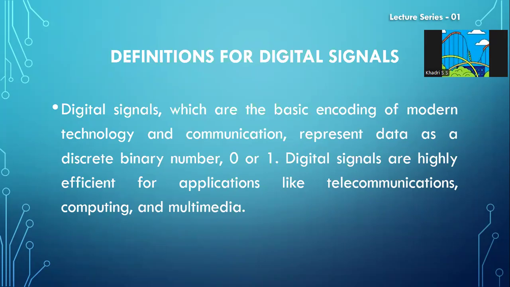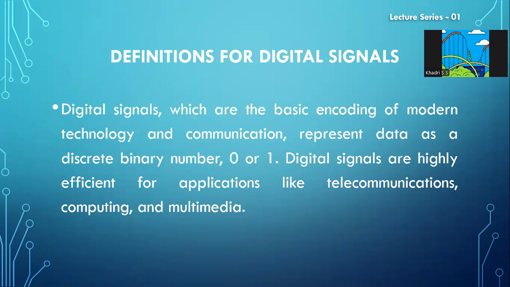Digital signals, which are the basic encoding of modern technology and communication, represent data as discrete binary numbers, either zeros or ones. Digital signals are highly efficient for applications like telecommunications, computing, and multimedia.